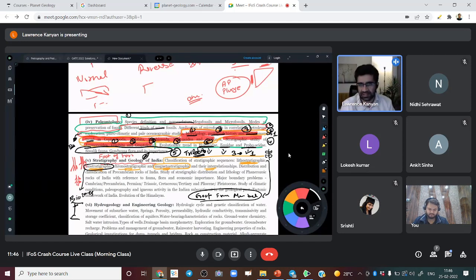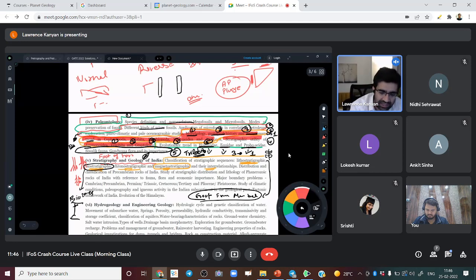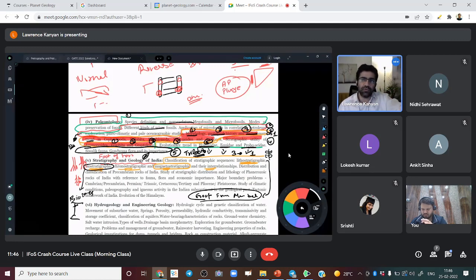So different types are there, and you can draw a simple correlation diagram. You can draw any fossil that you think of, a spiral like this, a cone like this. Very simple diagram, and then you show correlation between them, that you're correlating units based on fossils.